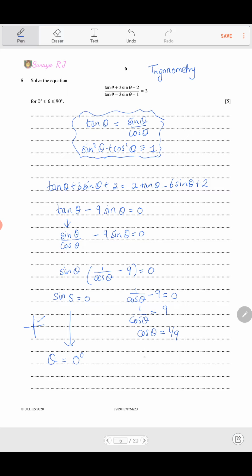And here also theta is equal to cos inverse of 1 over 9. Again, we take answer from the first quadrant only. So the answer is 83.6 degrees. We have two answers, 0 and 83.6 degrees.